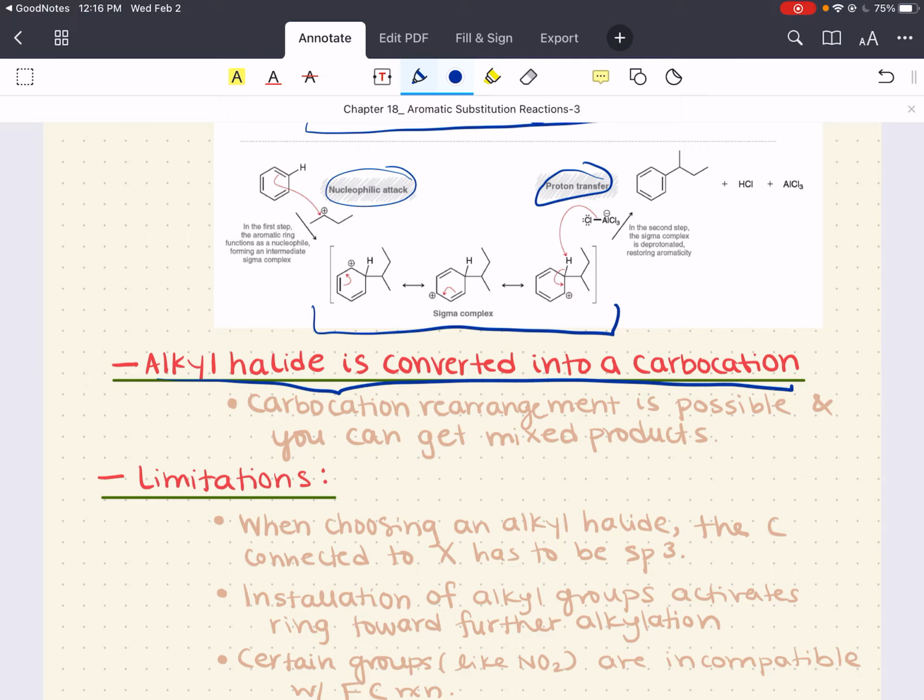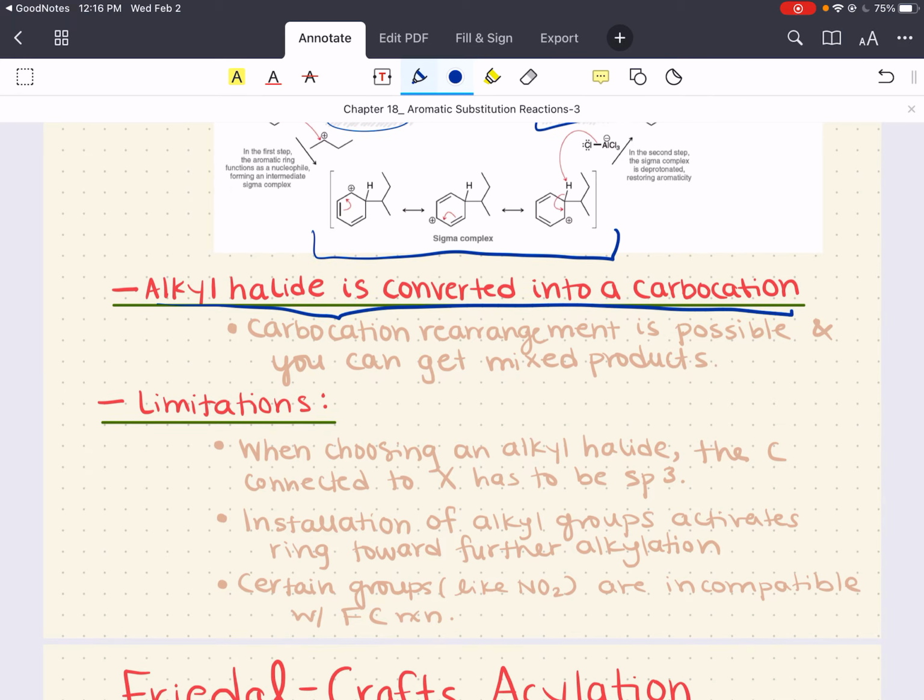Of course, when this happens, the major product is formed from the more substituted, more stable carbocation. Now, the requirement for this reaction is usually a secondary or tertiary alkyl halide. Sometimes you'll see it is possible with primary alkyl halides.